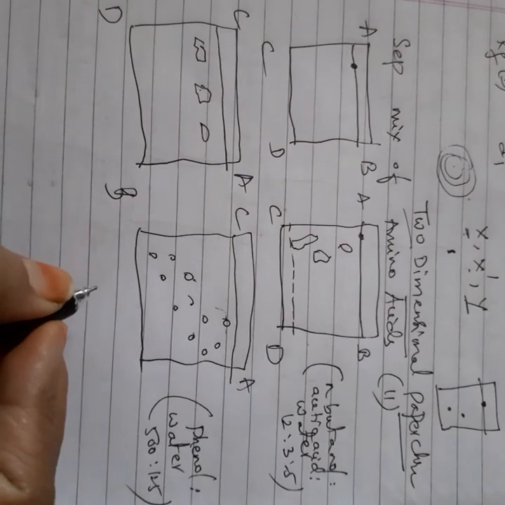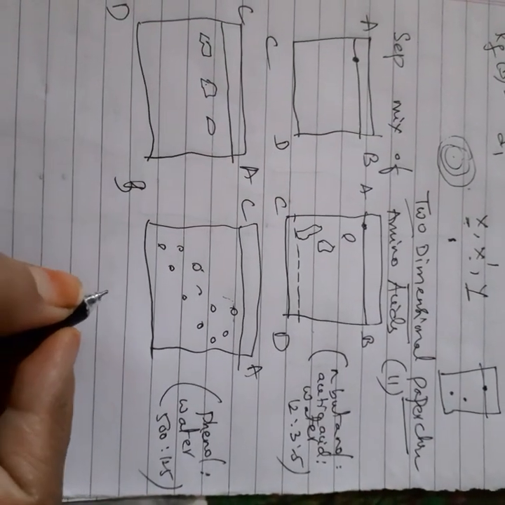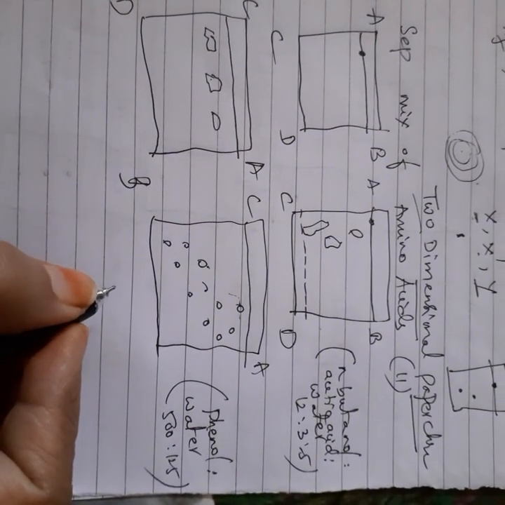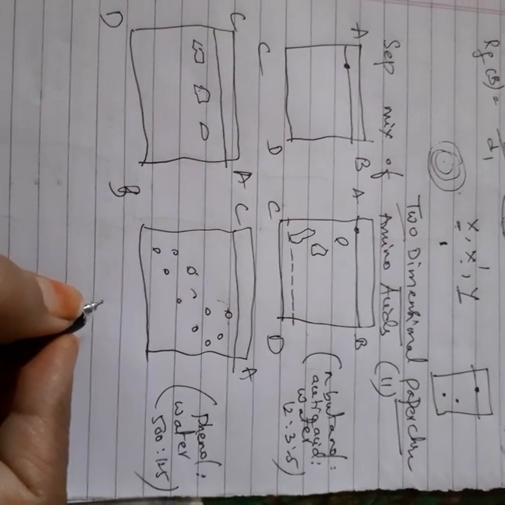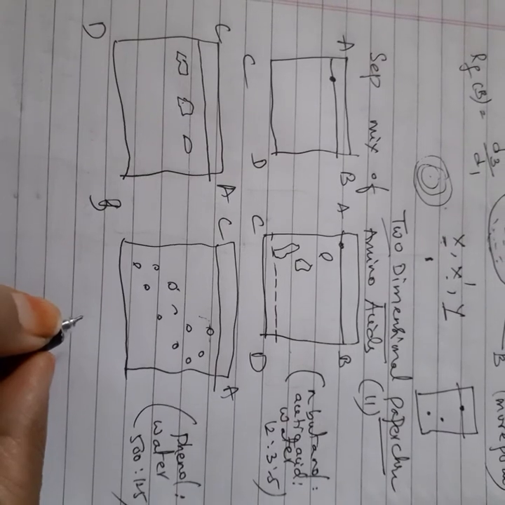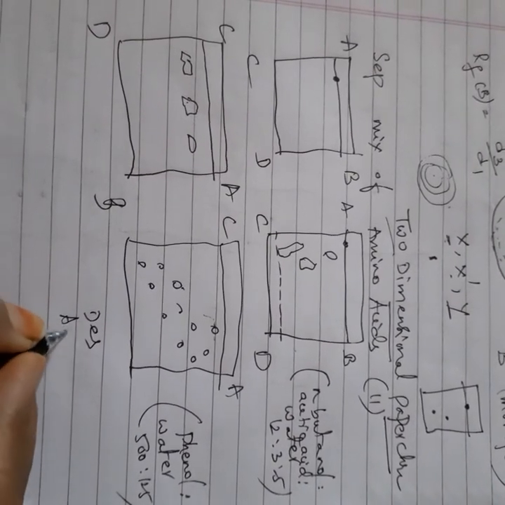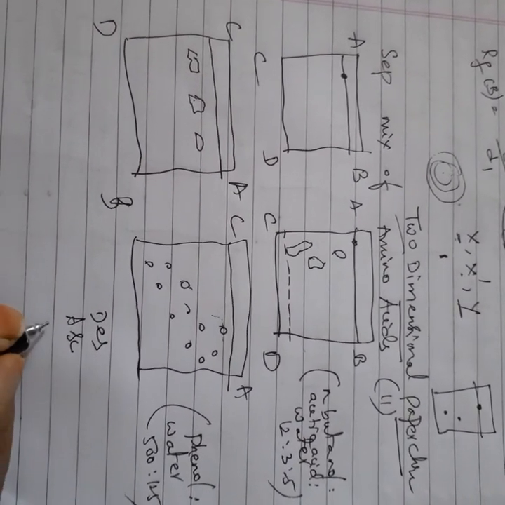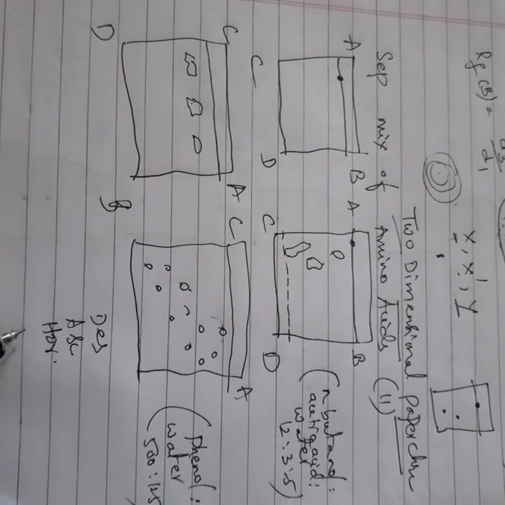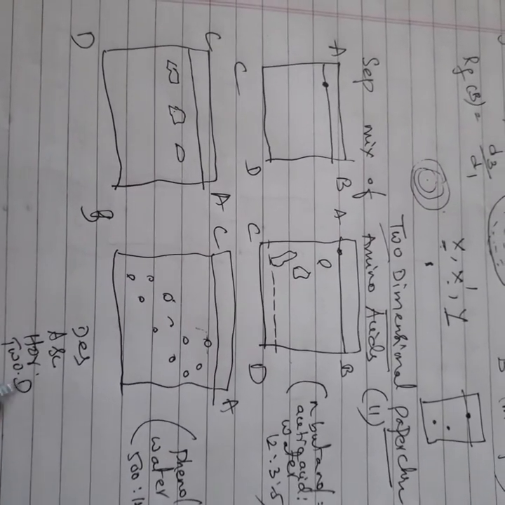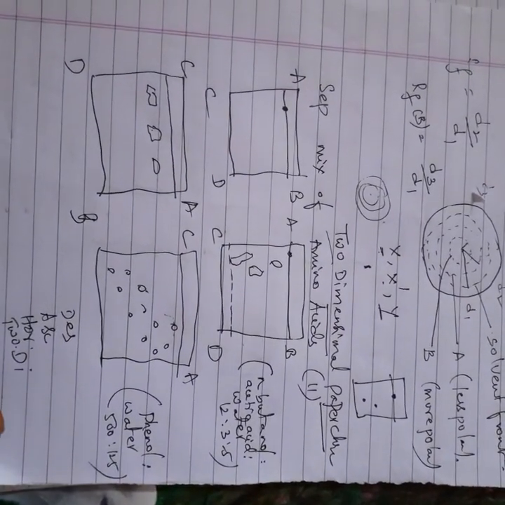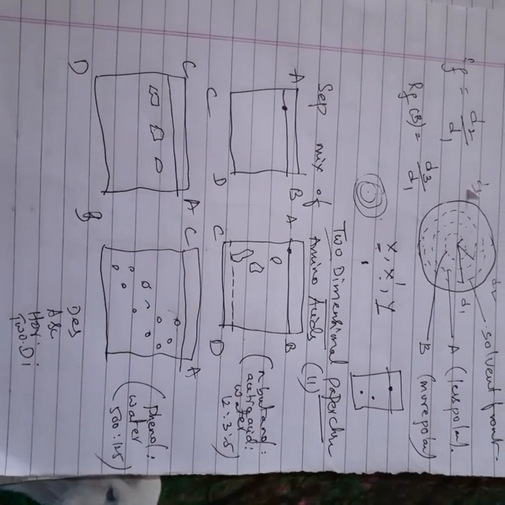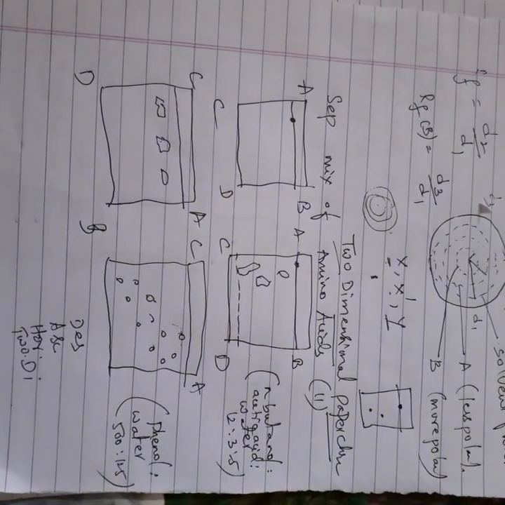This paper chromatography is very important for our exams also, and it is important for short answer questions, because they may ask about descending paper chromatography or ascending paper chromatography, and what is horizontal paper chromatography and what is two-dimensional paper chromatography. So that's it about paper chromatography, and in the next video I will explain HPLC or gas chromatography.